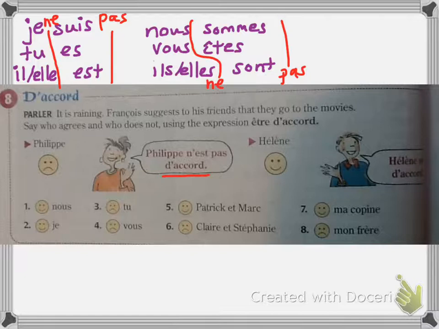So number 1, we have nous. Nous sommes d'accord. 2. Je. Je suis d'accord. 3. Tu. Tu n'es pas d'accord. 4. Vous. Vous n'êtes pas d'accord. 5. Patrick et Marc.